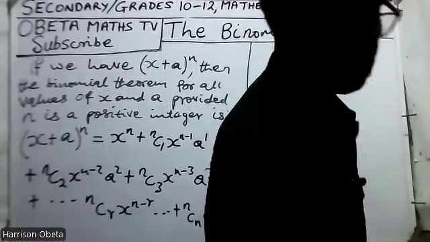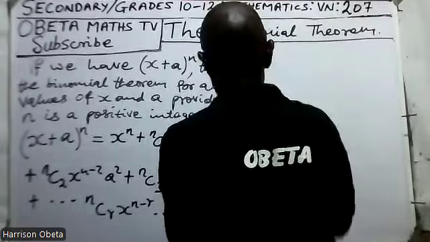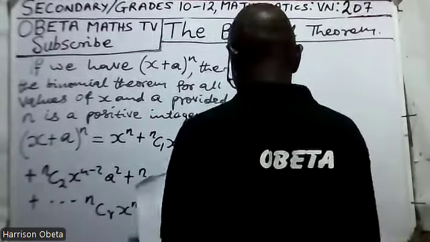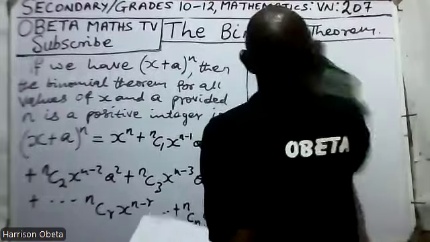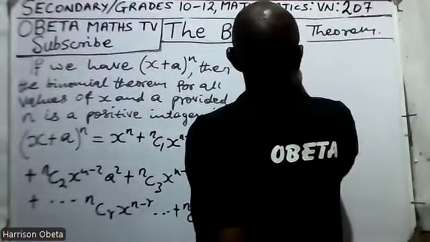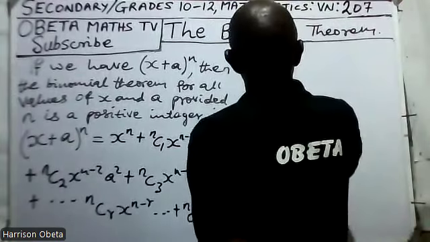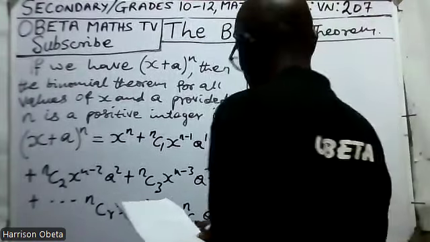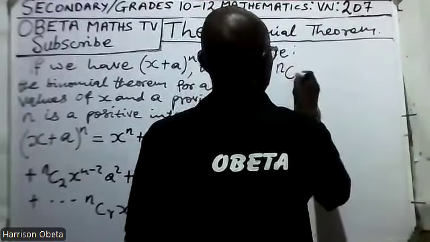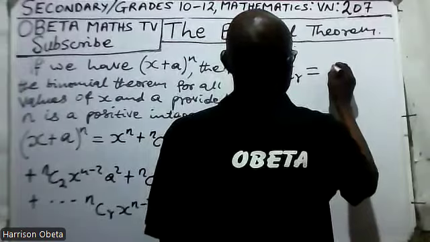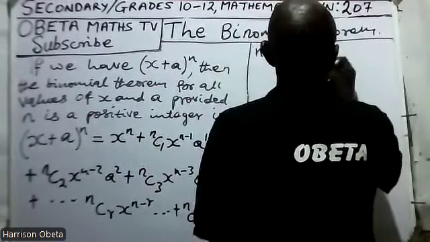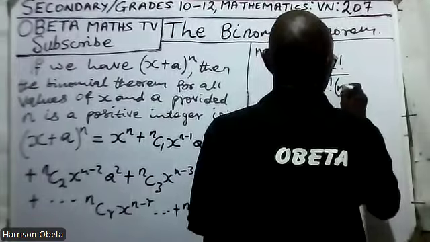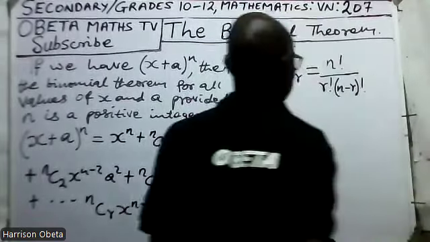Let me explain it. So note, n combination R is given as n factorial all over R factorial into n minus R factorial.